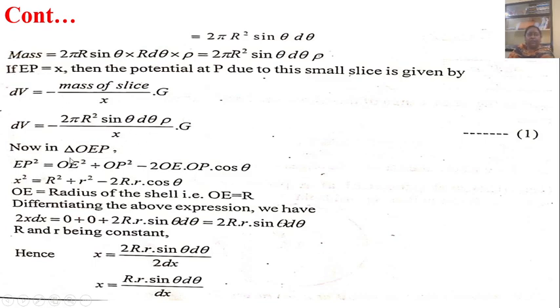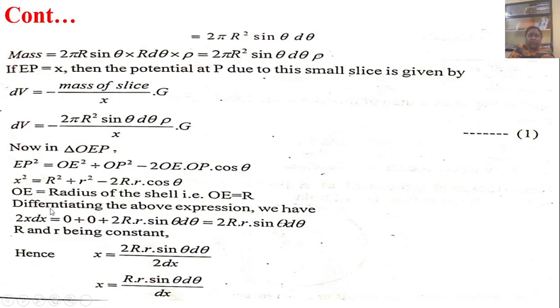Now in triangle OEP we get EP square equal to OE square plus OP square minus 2 OE into OP cos theta. So putting EP equal to x, OE equal to R and OP equal to r, x square equals R square plus r square minus 2Rr cos theta.